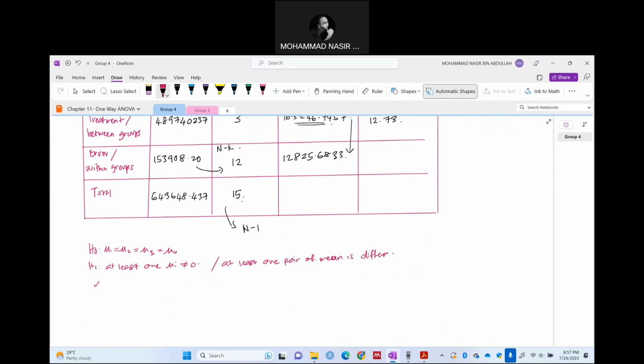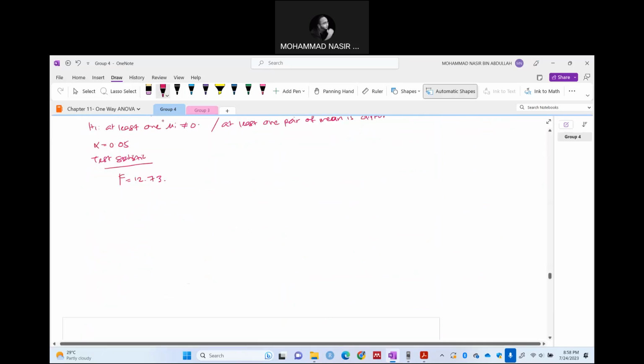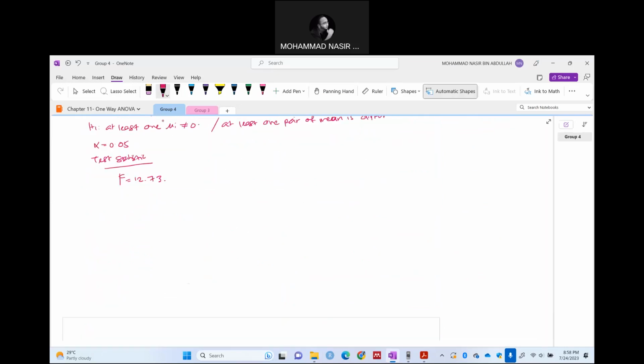So let's use alpha 0.05, our test statistic F value is equal to 12.73, right?